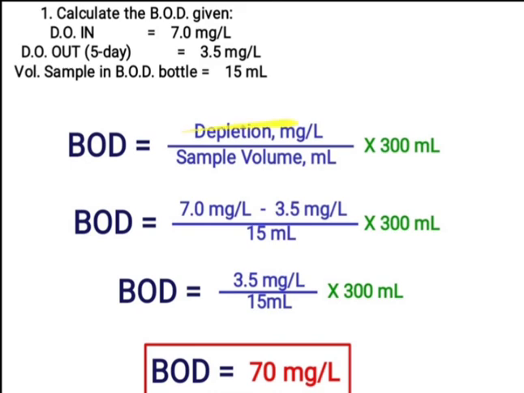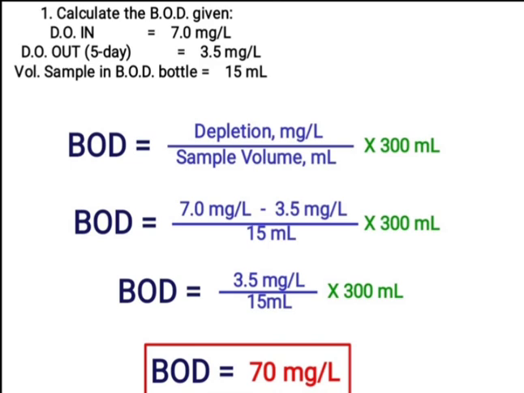So we are going to calculate the biological oxygen demand. This can be calculated by using the formula: depletion in milligram per liter, that is DO0 minus DO5, divided by sample volume in ml, into 300 ml. The sample volume is given as 15 ml. The bottle's capacity is 300 ml, and the depletion is DO0 minus DO5.